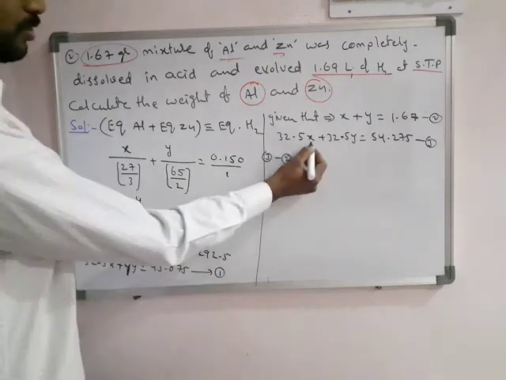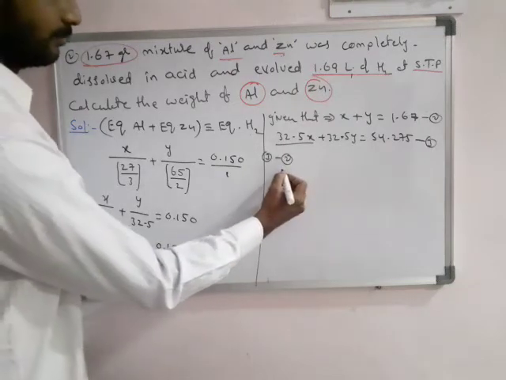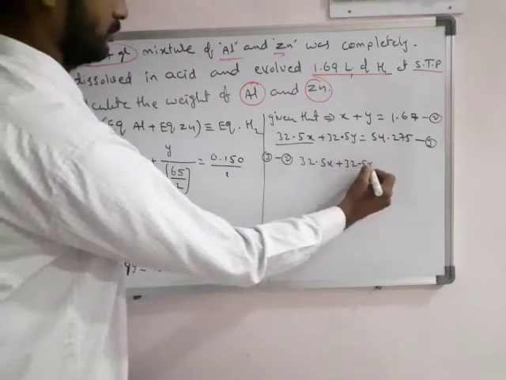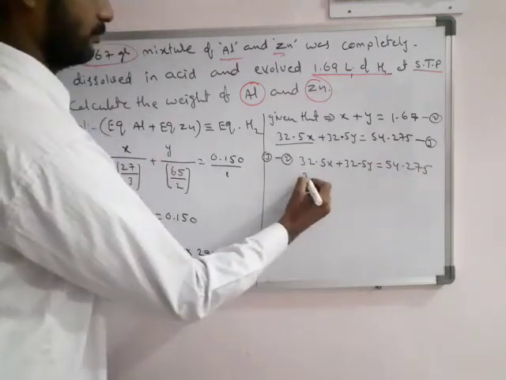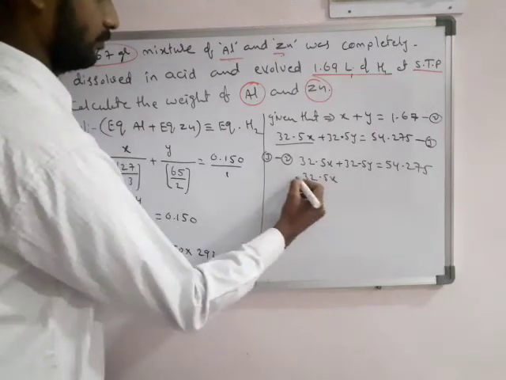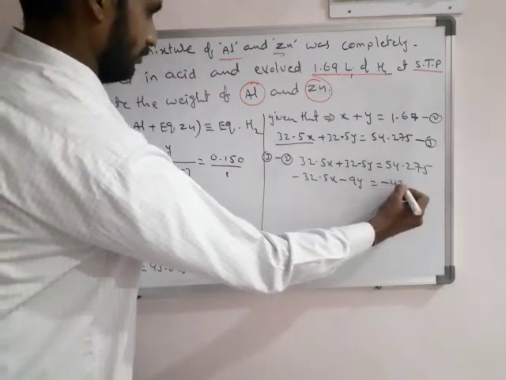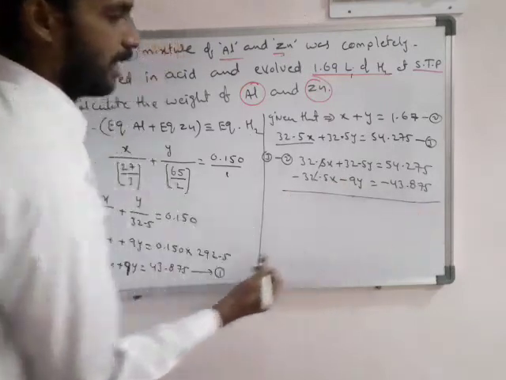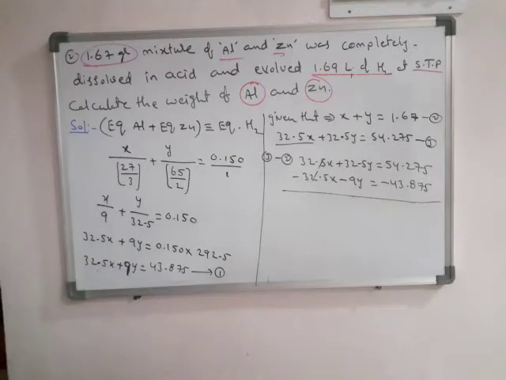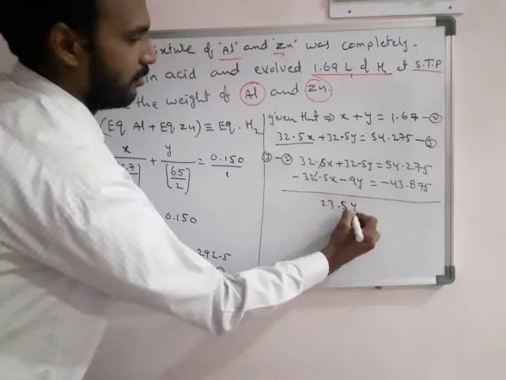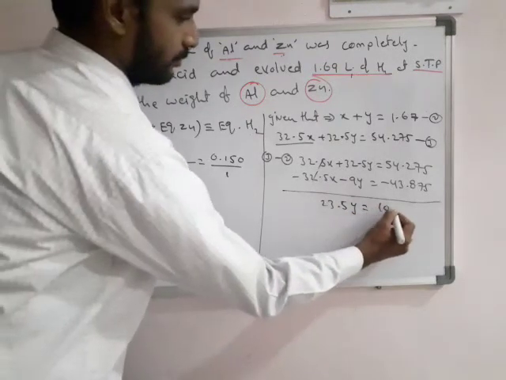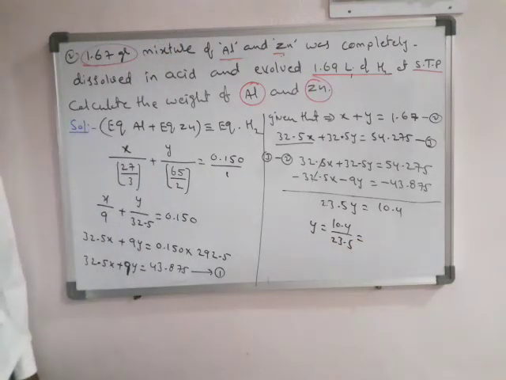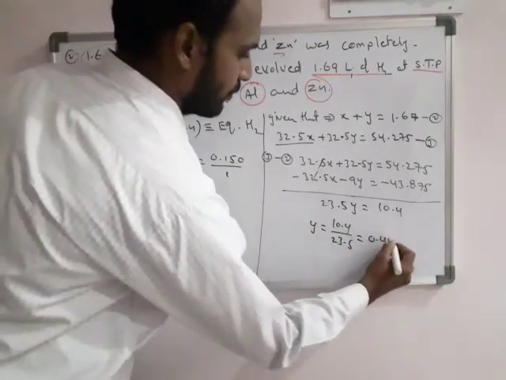On equation 3 minus 2, 32.5x minus 32.5x gets cancelled, and here we get 23.5y equal to exactly 10.4, and here y is equal to 104 by 235, we will get 0.44 grams.